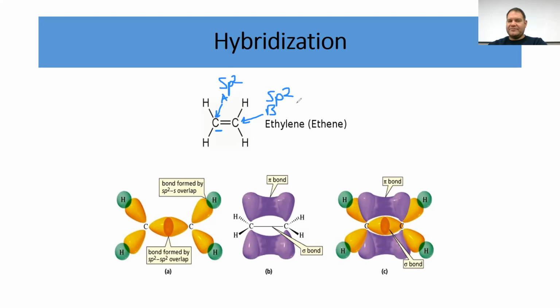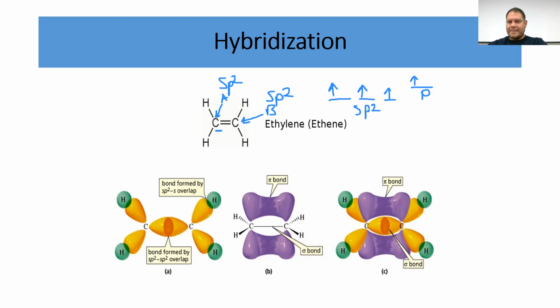Therefore, if we're going through sp2 hybridization, we form three sp2 hybrid orbitals, and we have one p orbital left over. So we have an electron here, here, here, and one here.